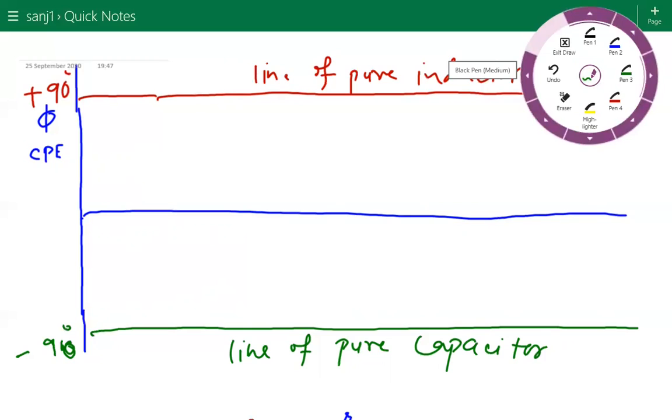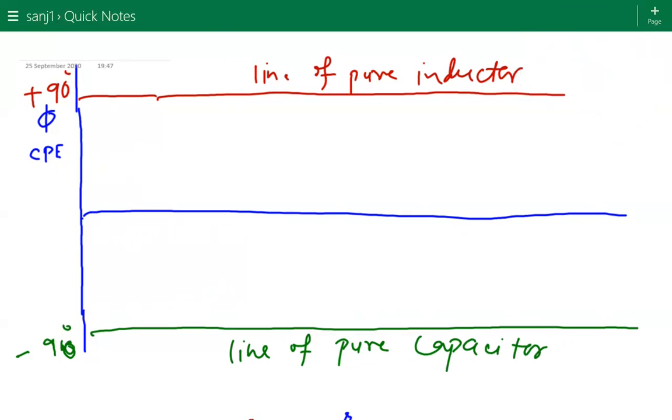Now when we have a black box in which someone has kept a constant phase element, and we are asked what kind of characteristic that circuit element possesses, we will simply ask the phase angle phi of that. If the phase angle lies somewhere here, then that will be the case of a constant phase element with inductive property.